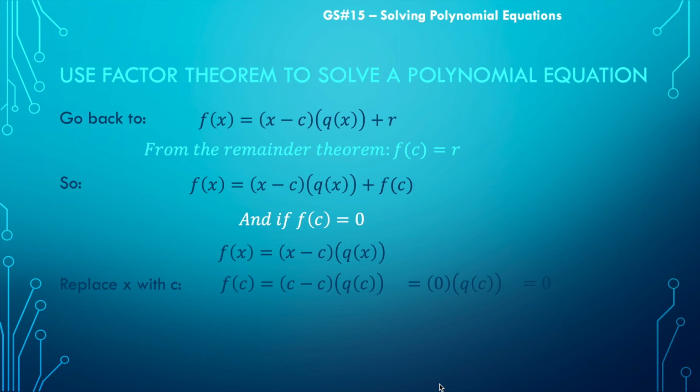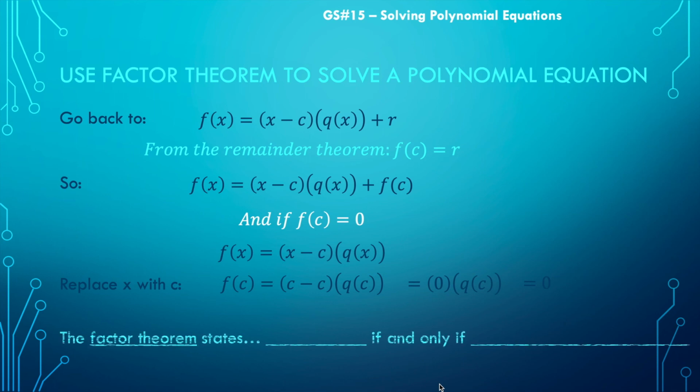So what does all that mean? What that means is if f of c is equal to 0, that implies that x minus c is a factor of f of x. And that's what the factor theorem states. f of c is equal to 0 if and only if x minus c is a factor of f of x.